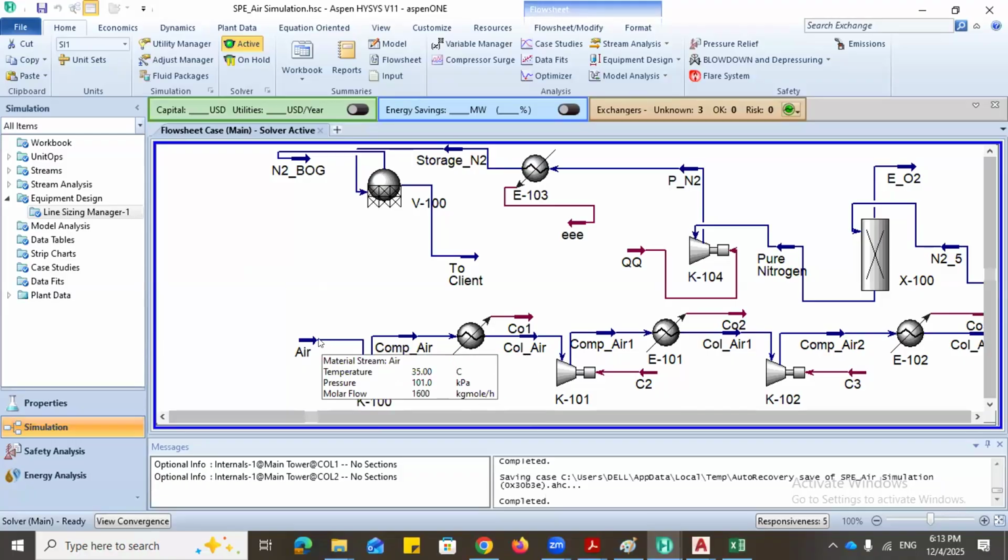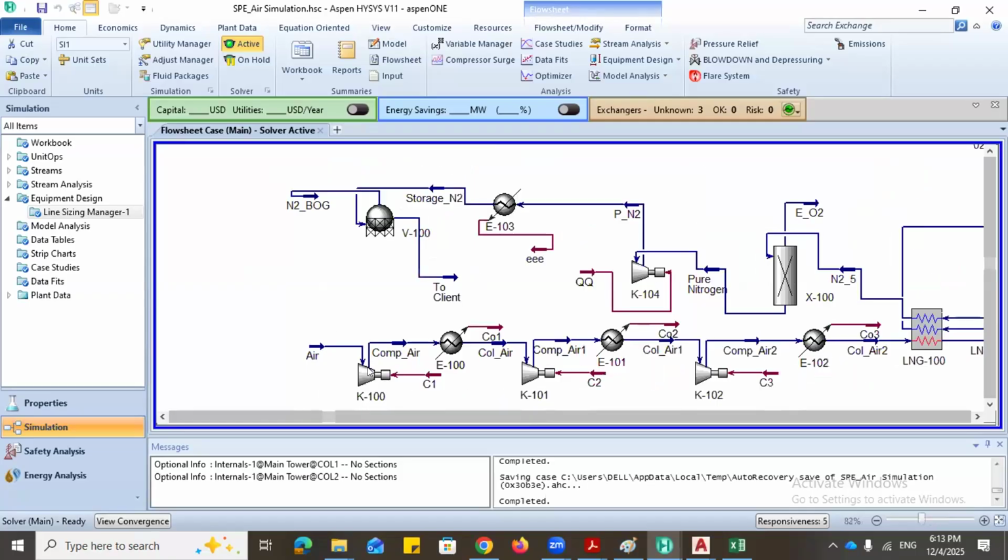Because the temperature and pressure of the air going into the system will also determine the operating capacity of this pump. And our aim is to increase the pressure of this air from 101 to 700 kilopascal. So all the necessary instrumentation lines and fittings that will enable us to make sure that everything from the air to compressor one, cooler two, compressor two, and so on is working safely, we must fit them here.